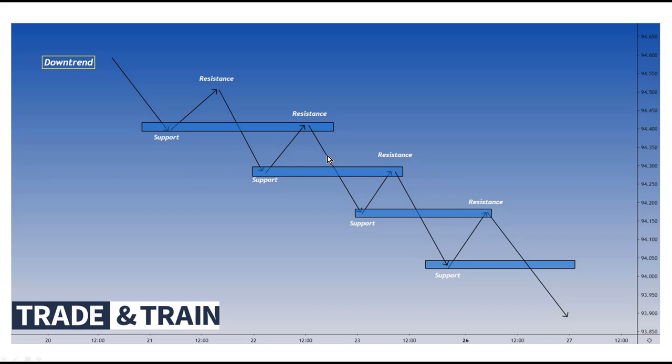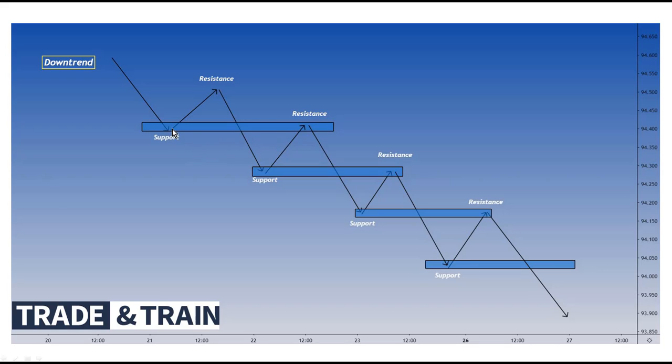Sellers come in, dominating the market. We make a new low, it finds support, then price pulls back and retests this previous support level, and then it becomes resistance. Again, sellers are dominant in the market. We break below this support level, find a new support level, we pull back, we test this previous area of support, which now becomes resistance.